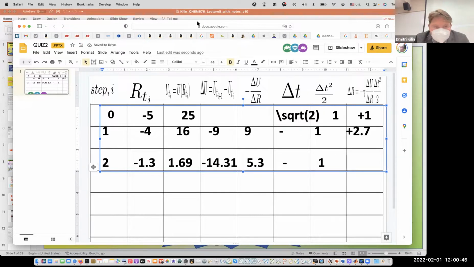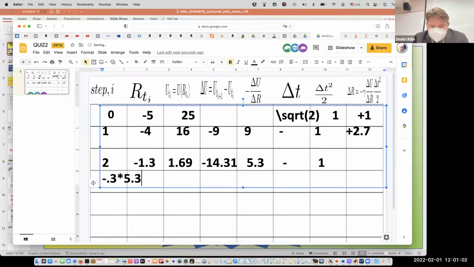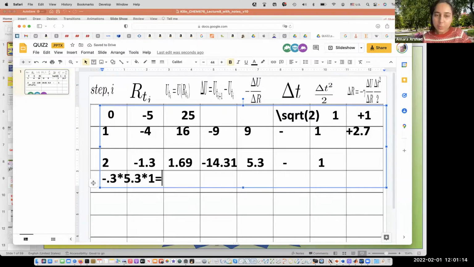So next on my screen is Amara. This is the hardest calculation so far. So minus 0.3 times 5.3, 5.3 times 1, right? Because our delta t squared over 2 is 1. So Amara, would you please compute? 1.59.